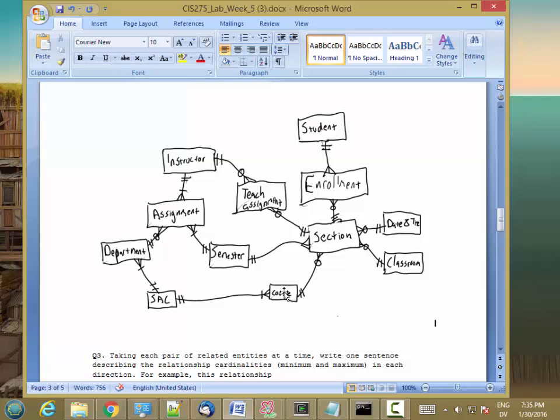So try to use your common sense a little bit when you're looking at these relationships. For example, if you end up with something that says that each employee can sell exactly one item, or at most one item, well, there's probably something wrong in your ERD, or else you haven't stated the relationship correctly.